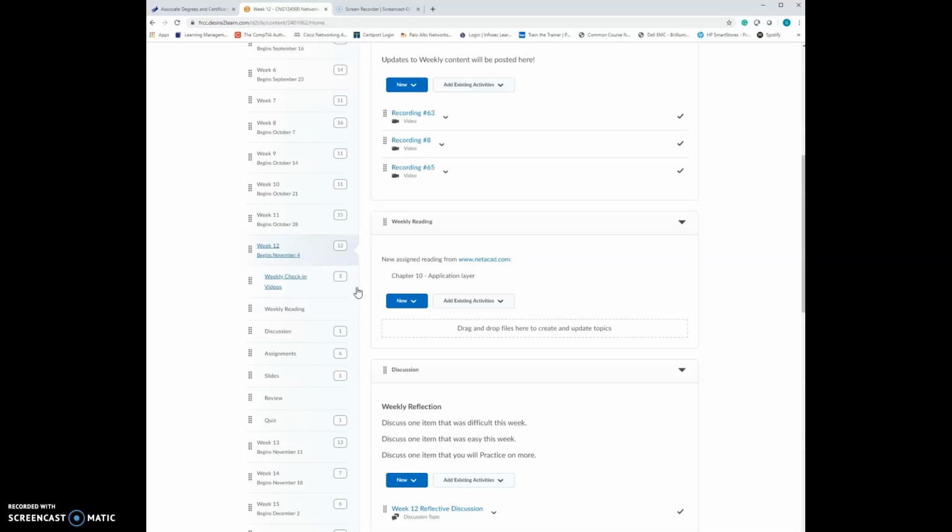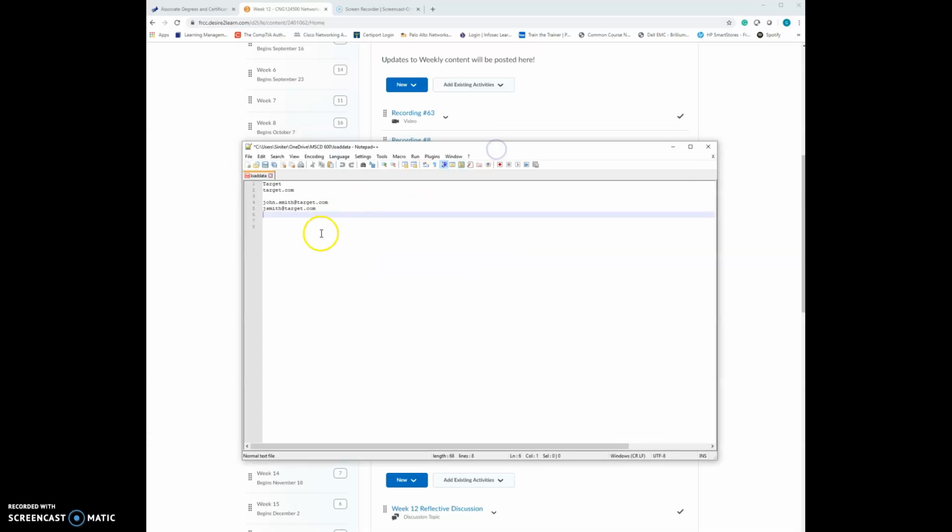If you're interested in developing your Cisco skills further, you could start scripting. Here I have Notepad++ with some CNG 132 stuff.